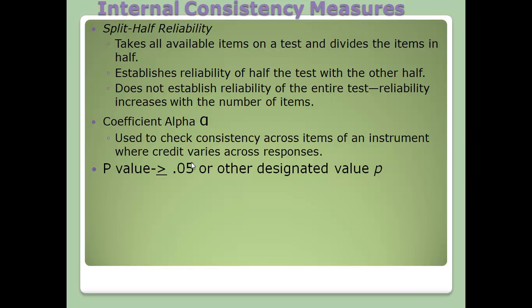Okay, and I will show you that on the tests. And often we designate that if we're looking at alpha, we know we're looking at correlation. If we're looking at a p-value, most likely we're looking at some other statistical test, but you just have to know which tests use which values.